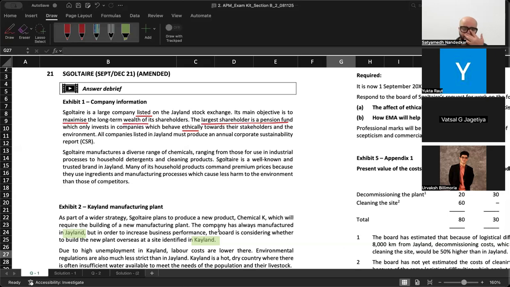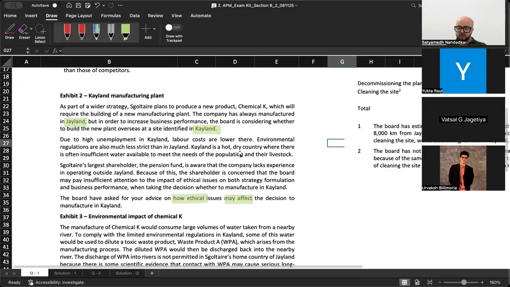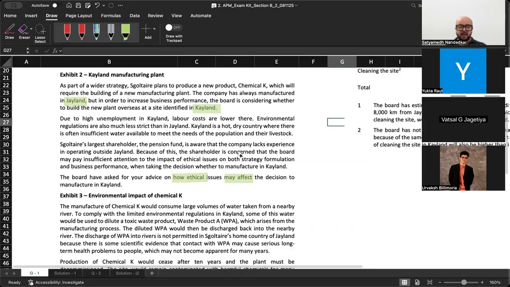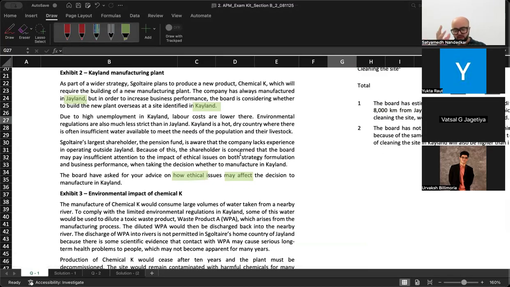Okay. Then, what other issues do you think are apparent? If you look at this, first of all in this Kayland country you already don't have enough water supply, and what you are doing is you are releasing that WPA waste, you are releasing that into the river. Now in Kayland, the environmental regulations are already very relaxed, right?